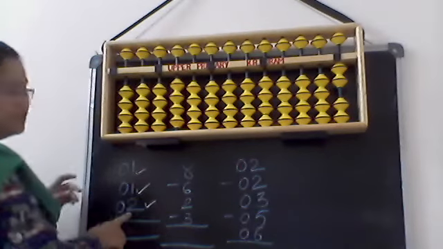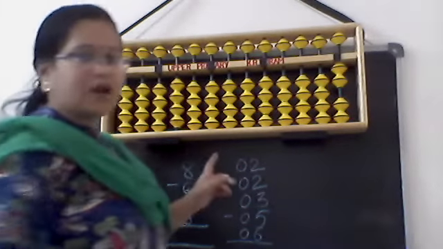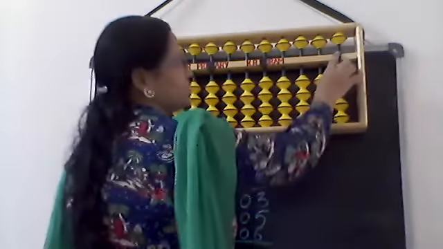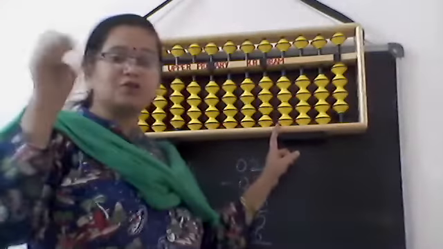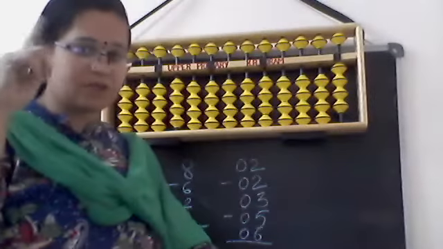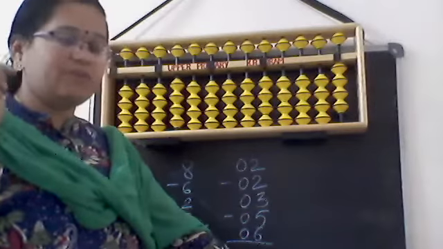Now I have 2. So what should I do? I should touch 2 bits towards the answer bar. 1, 2. 2 together. Now remember, children, when you are going with the earth bits, you have to use the thumb finger. And when we are going with the heaven bits, the upper bits, you have to use the index finger. But my abacus scale is quite big, so I cannot move my hand like this.